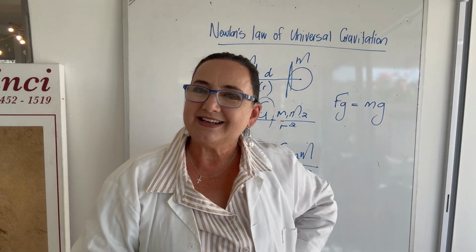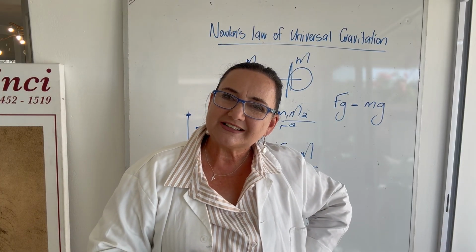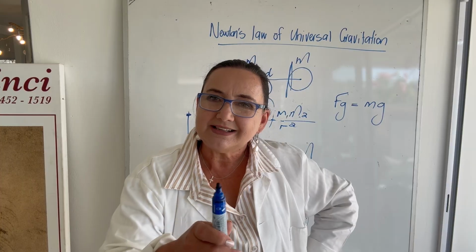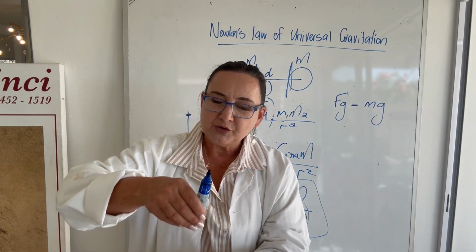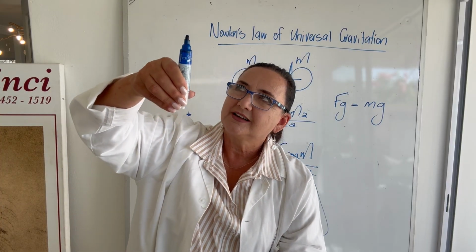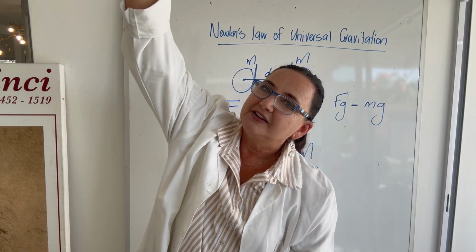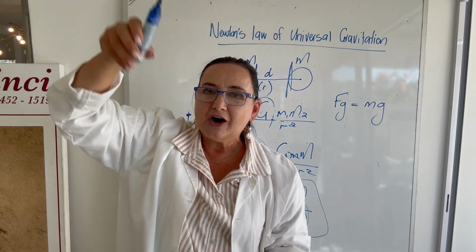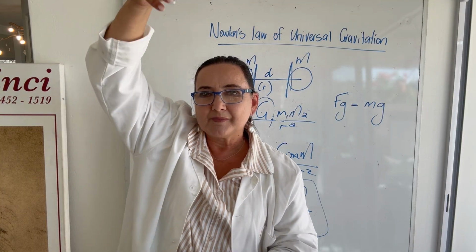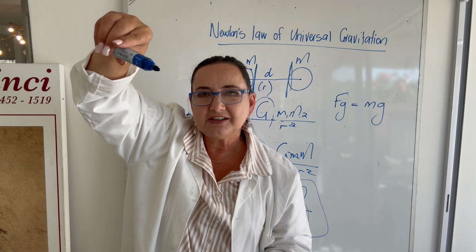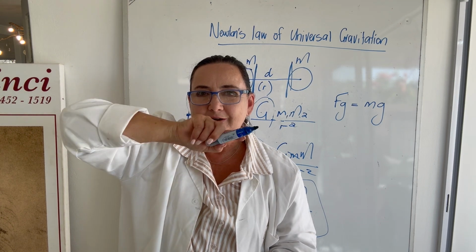Okay, what does it mean? It means g is not a constant. It means that the further I move away from Earth, the higher I go, r becomes bigger. So what is g going to become? Lower.